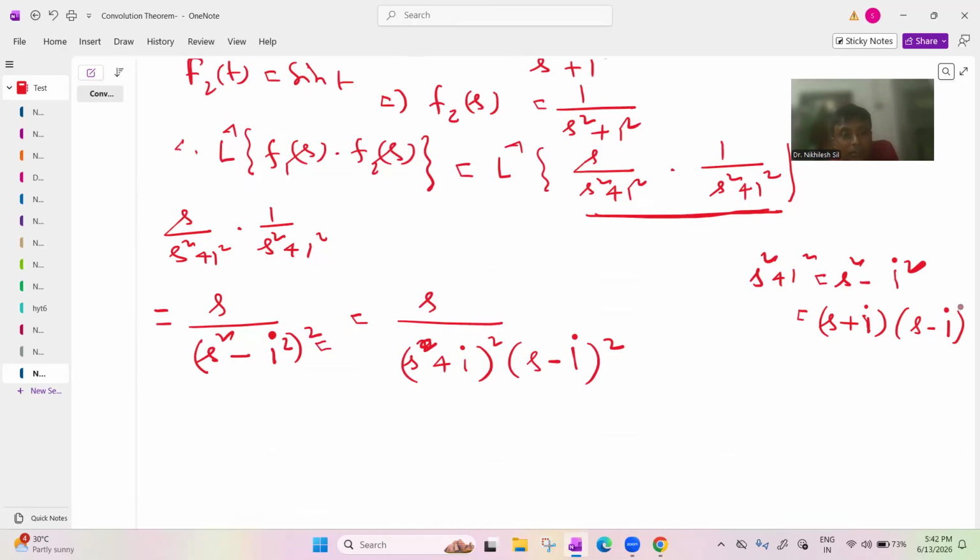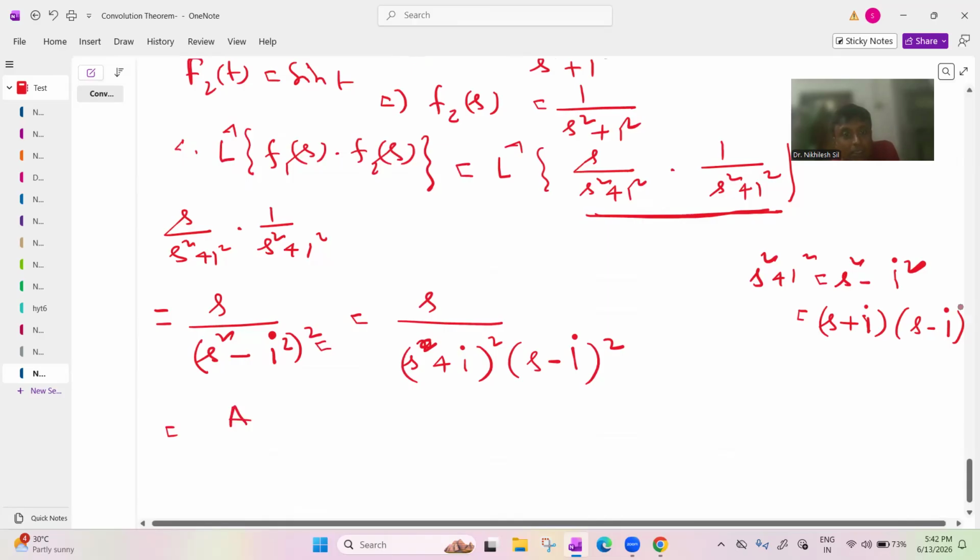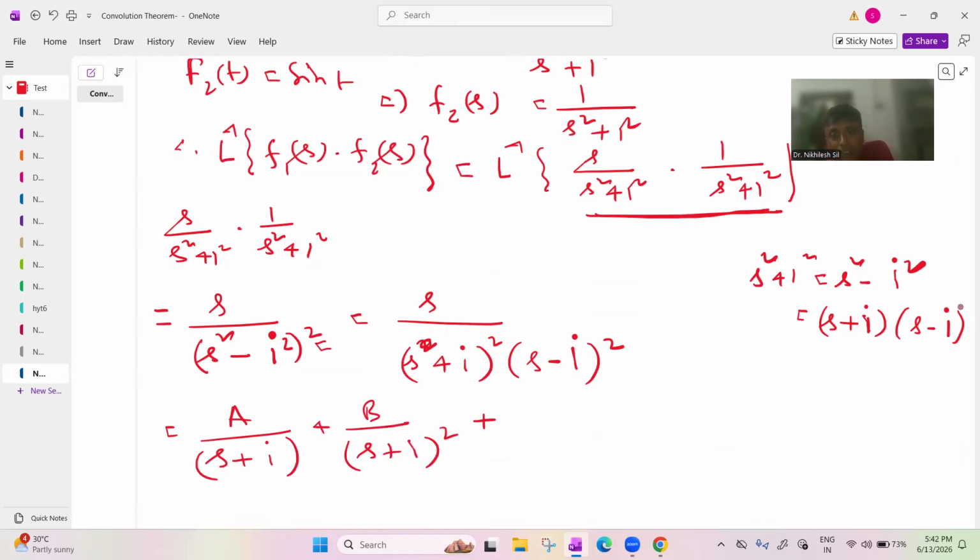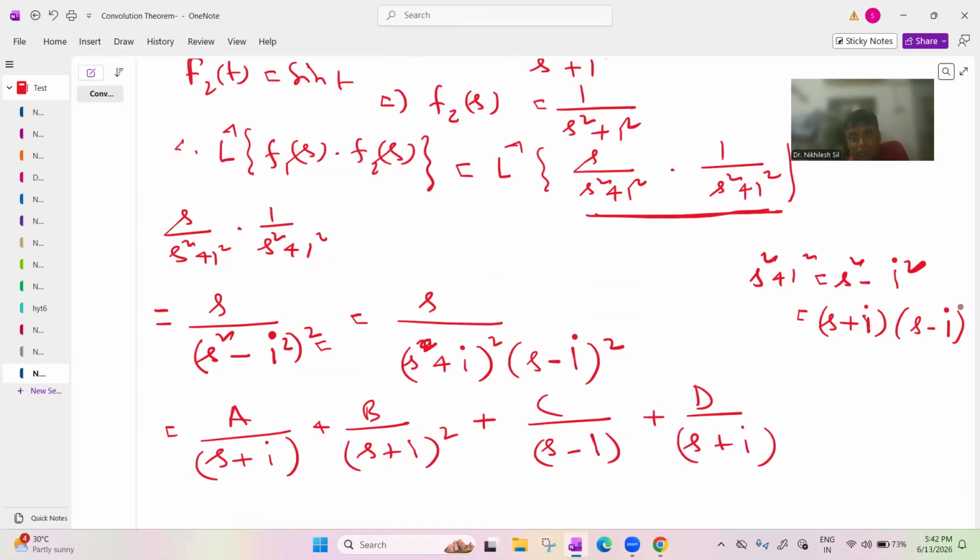This is equal to A by s plus i plus B by s plus i whole square, as I already showed in the last lecture, plus C by s minus i plus D by s minus i whole square.